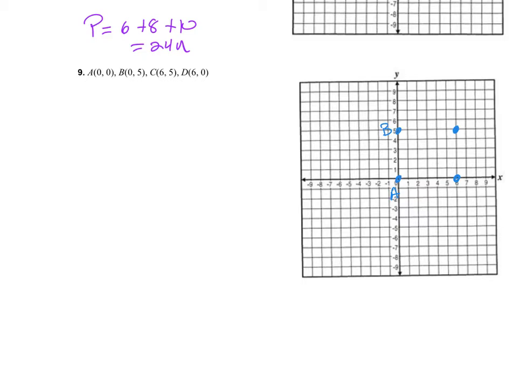This one is a little bit easier because we have only vertical and horizontal lines. So this is 0 to 6, we know that this is 6 units. Again, 6 units here. So I have 1, 2, 3, 4, 5 units. So my perimeter here, this is a rectangle, 2 times 5 plus 2 times 6, 10 plus 12 equals 22 units.